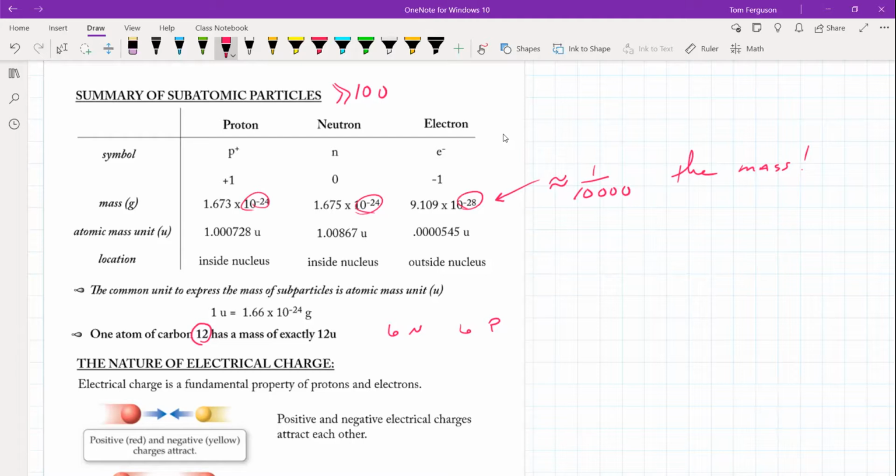Notice the neutron and proton are very similar in size, but not equal. They are not equal. Very important. A neutron weighs a little bit more than a proton. Not a lot, but a little bit.